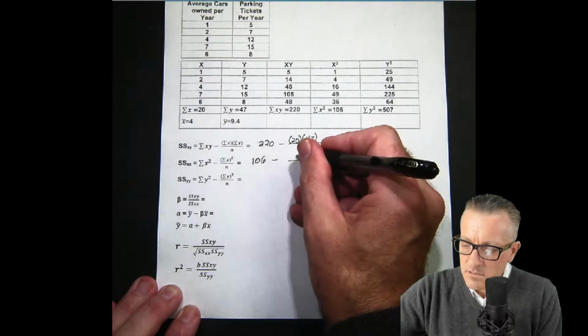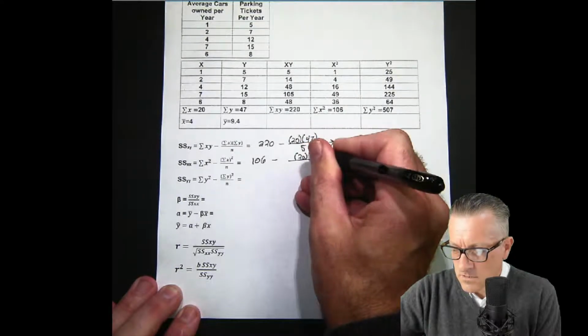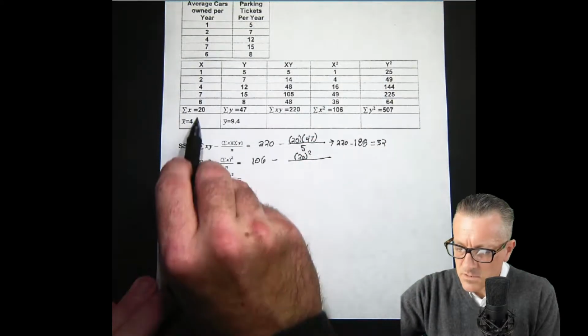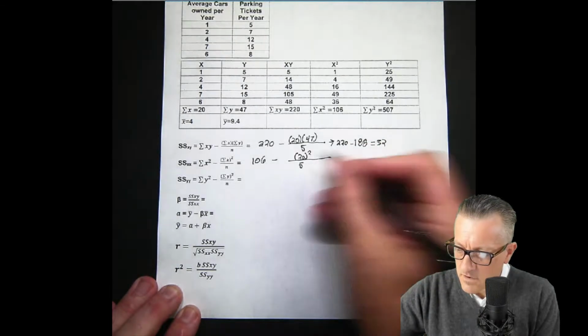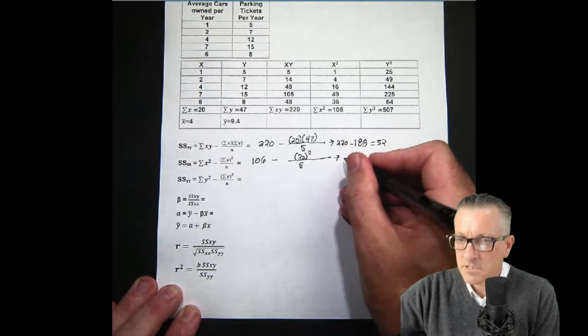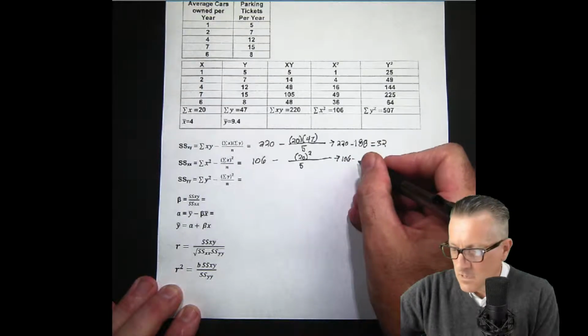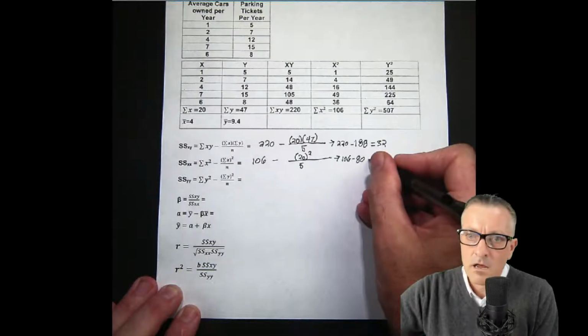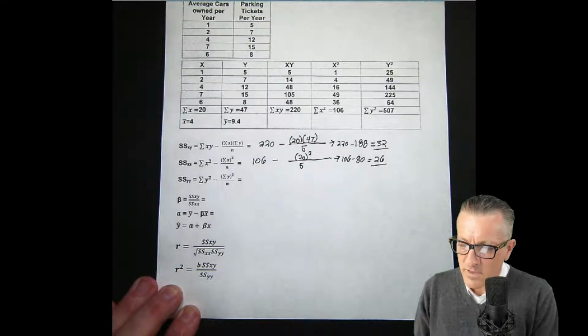So that is our 20 squared, this one squared, and then down below it's 5. Simplifying, that is 106 subtract 80, and that's 26. I'm underlining the values that are important.